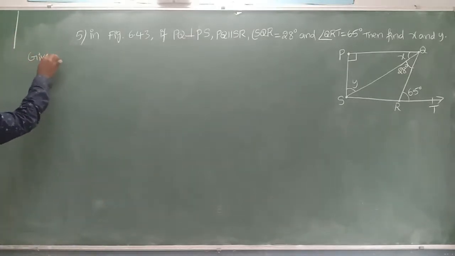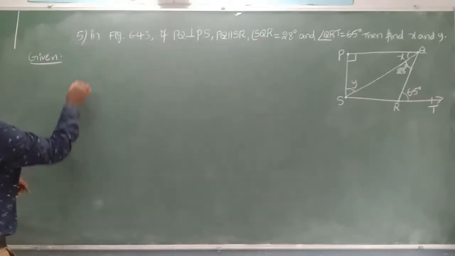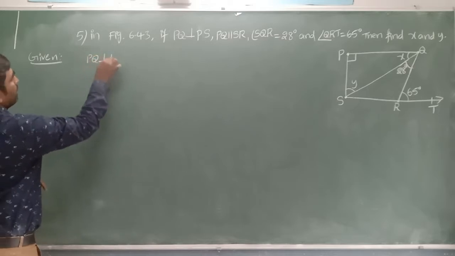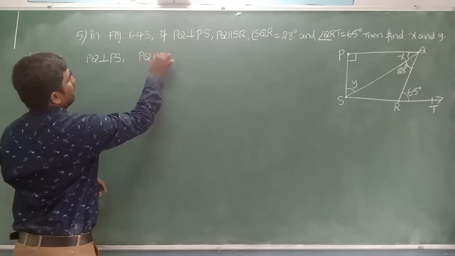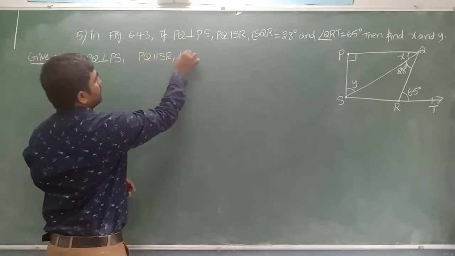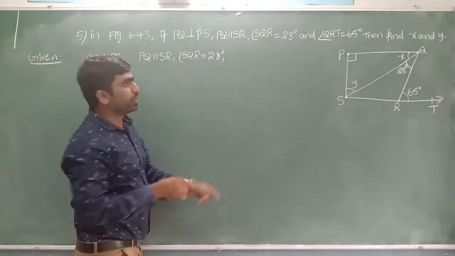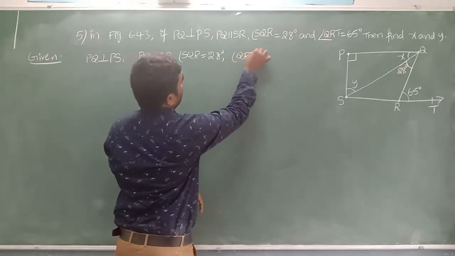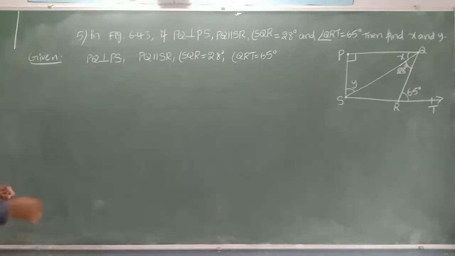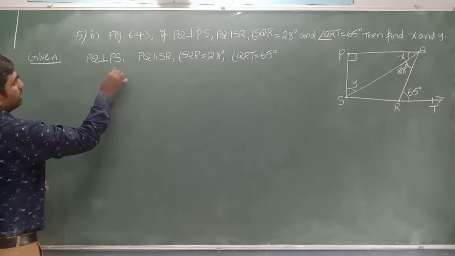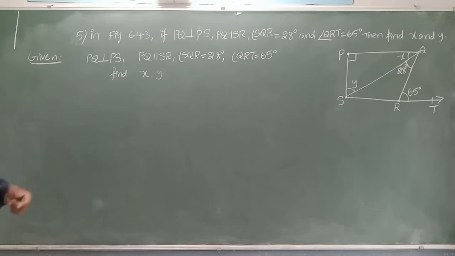In the question they gave: PQ is perpendicular to PS, PQ is parallel to SR, angle SQR is equal to 28 degrees, and angle QRT is equal to 65 degrees. By using this given data, find the values of x and y.